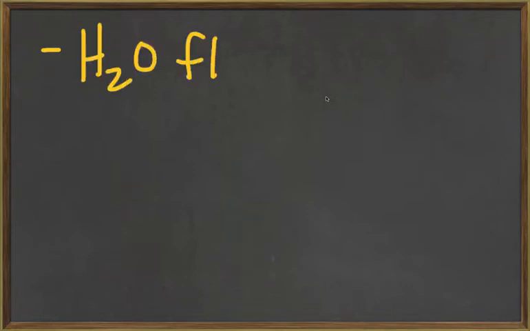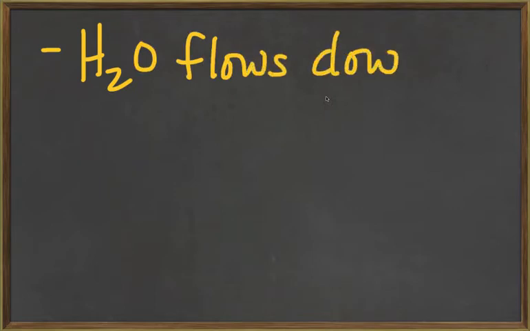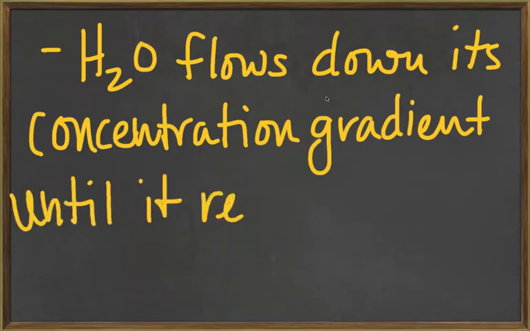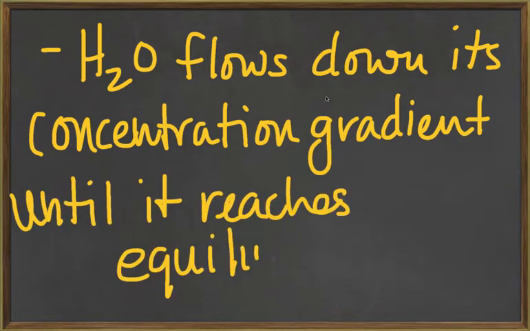Just so I make sure that you know exactly what I'm talking about, I am going to give it a much more technical definition. Water flows down its concentration gradient until it reaches equilibrium. Just like my sugar particles I talked about in the diffusion lecture, my sugar will move out and flow down its concentration gradient.